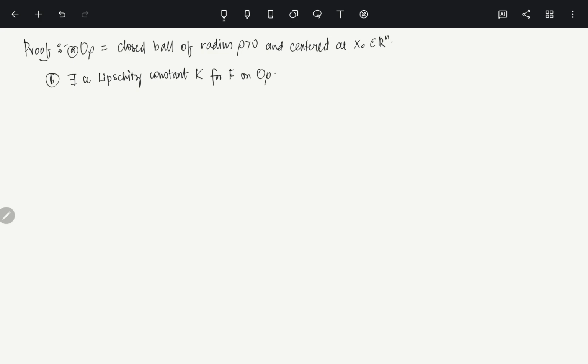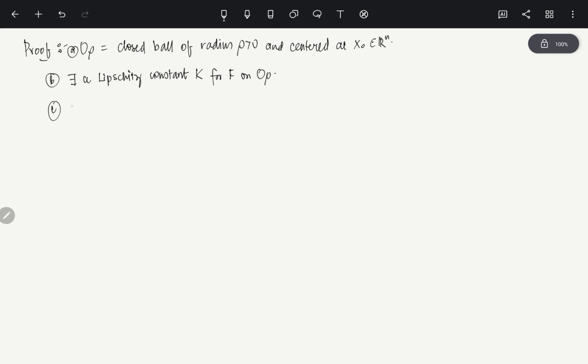Clear? C, O rho is a closed ball. Of course, it's bounded. So what I am trying to say is this: it's a compact set, and f you are given to be a C1 function in omega. So when f is restricted to O rho, then we know that this is locally Lipschitz, and hence there is a Lipschitz constant, right?